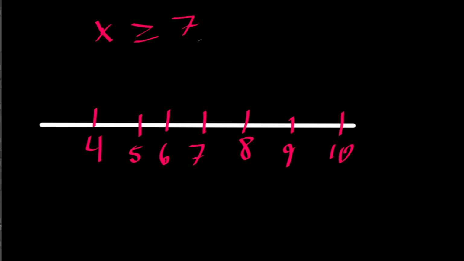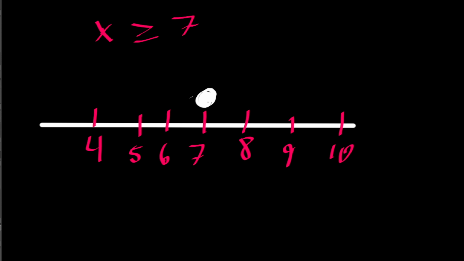So now, once again, this inequality says x is greater than or equal to 7. So we're going to need to start our first point at 7. You have to decide, is it open or should it be shaded? In this case, it should be shaded. If there's a line, then you shade. So I always just think line under means shade. That means that 7's included in the solution. I'll show you what that means in a second. Now we need to figure out, which way do I point my arrow?